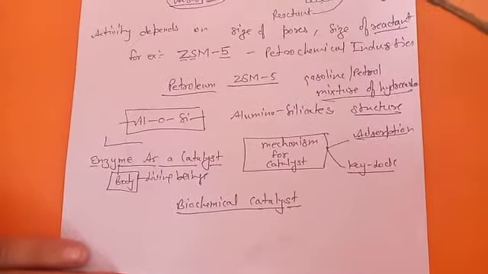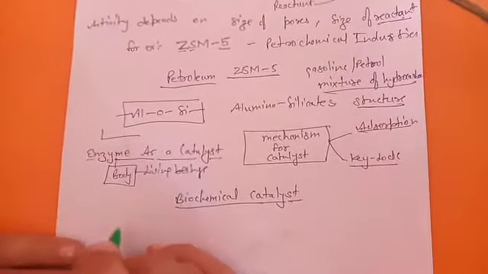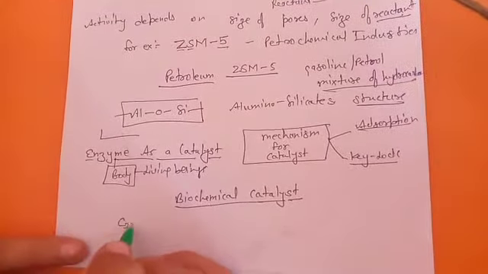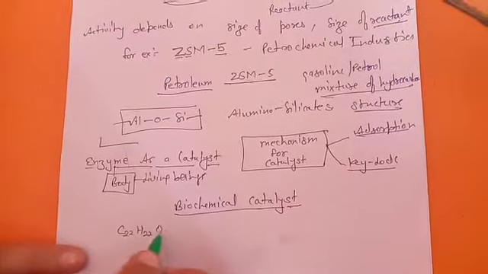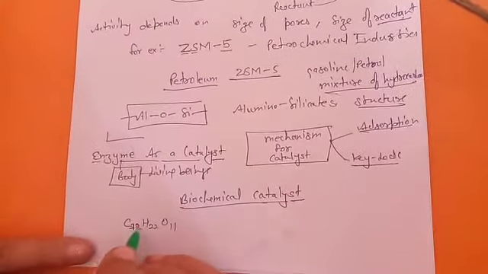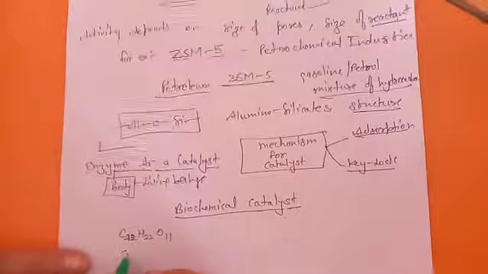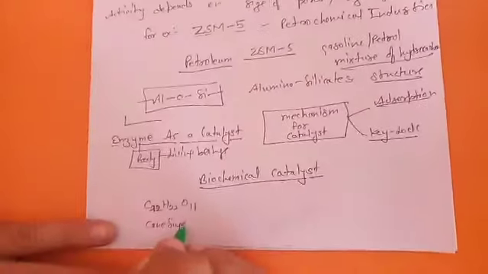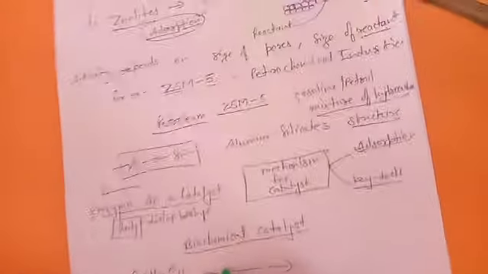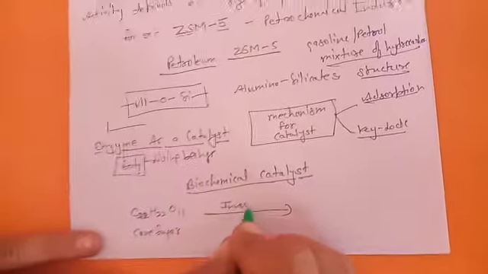For example, cane sugar is C12H22O11. This is the formula for cane sugar. This molecule is acted on by invertase.